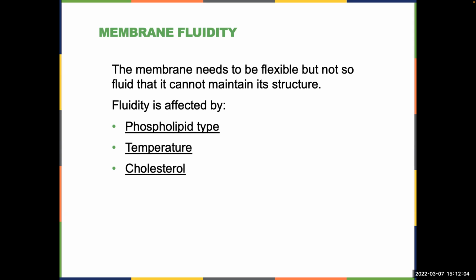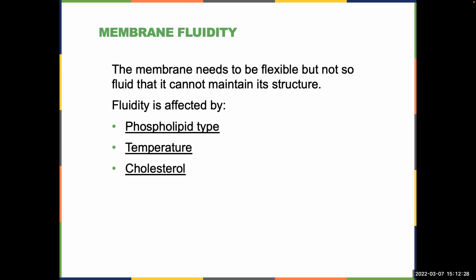We can increase the fluidity and we can decrease the fluidity under certain conditions. We can also think of membrane fluidity as the ability for substances to pass through the membrane, but that really would be permeability.